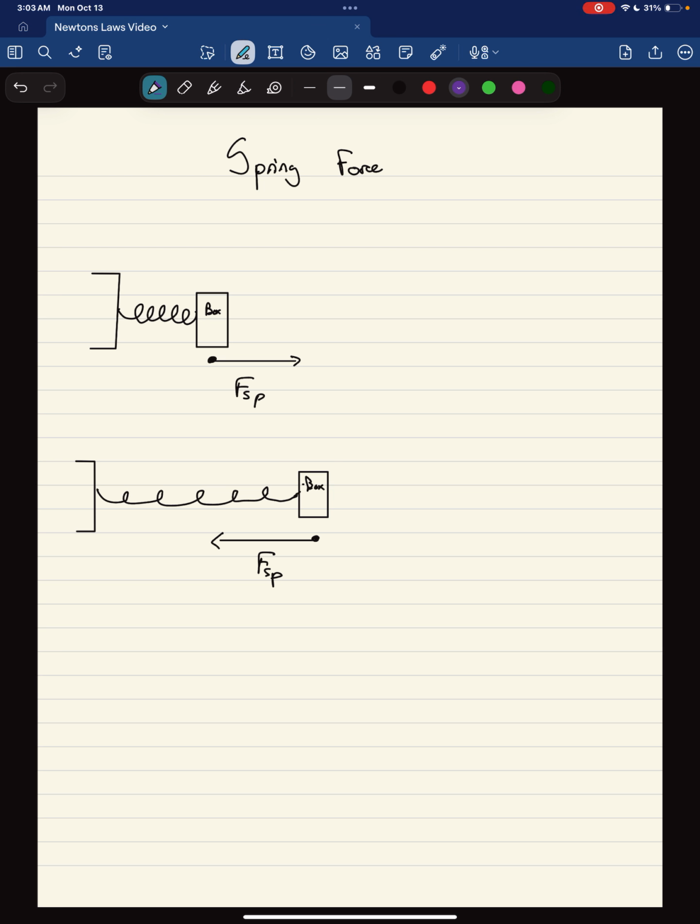Okay, so this is what we'll suffice with for now. So when the spring is compressed, it will push.